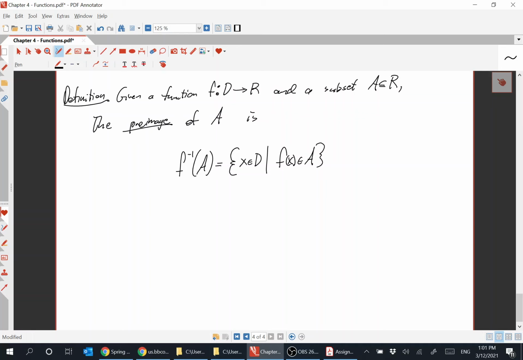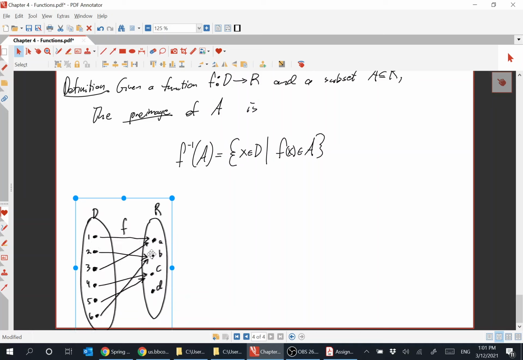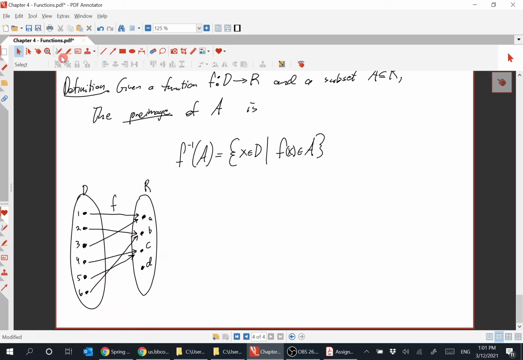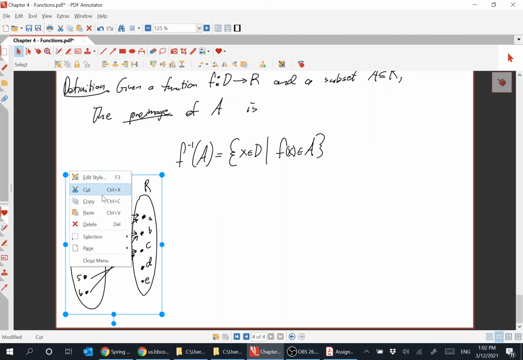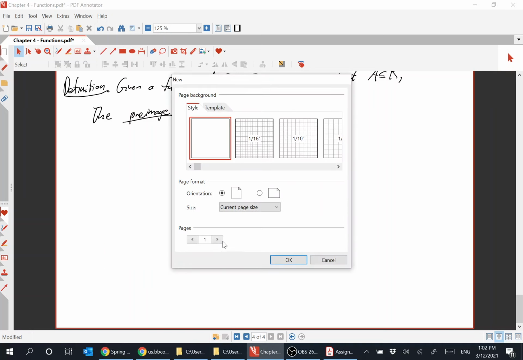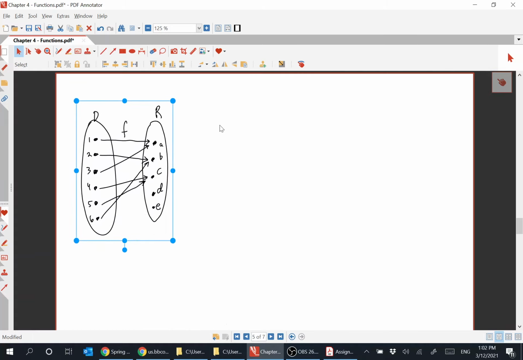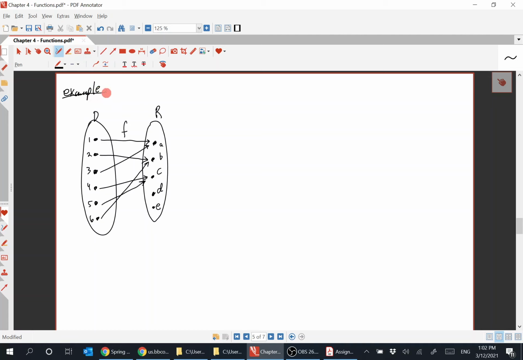Example. Let's use that same example we had from before, and add a little something to it. Let's add an element e here. So here's the domain, here's the range.